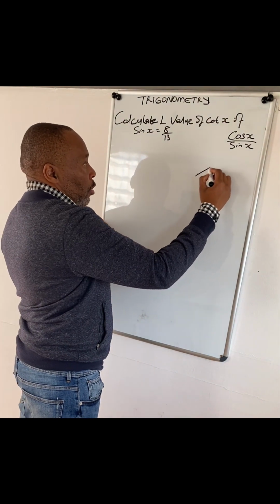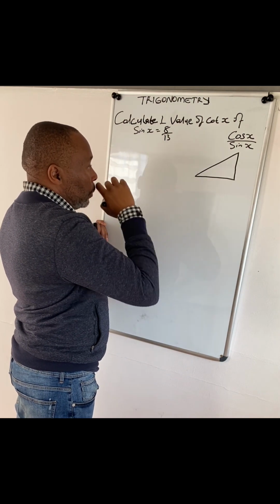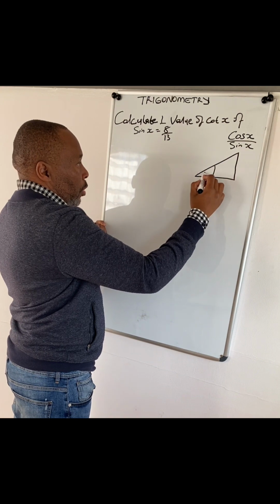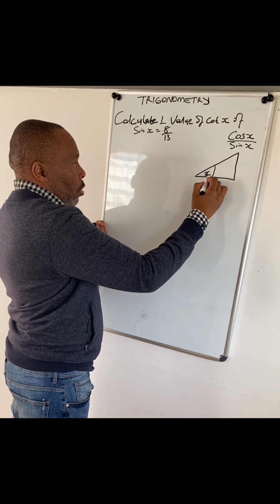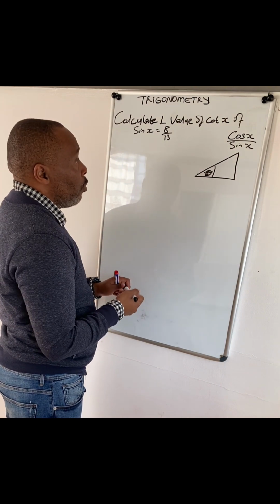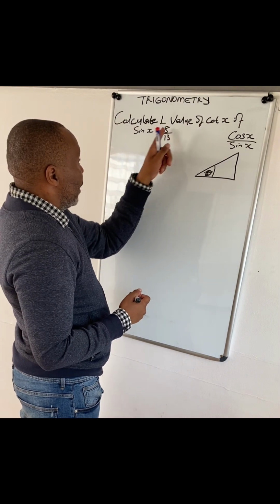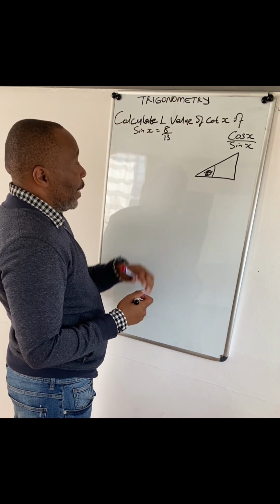We draw up our right-angled triangle and put our x here, or our theta here. It should be x because we're looking for x, not for theta, but it's okay. We are told that sine x is 8/13.